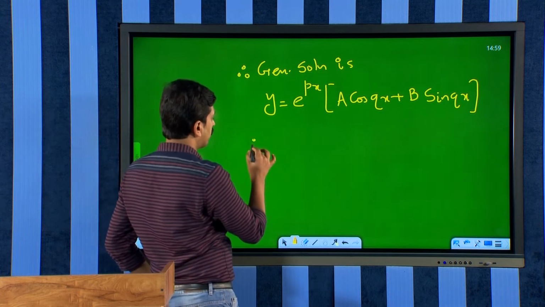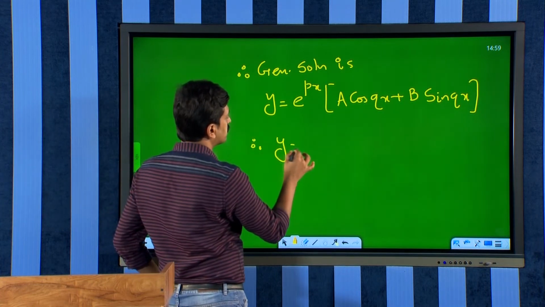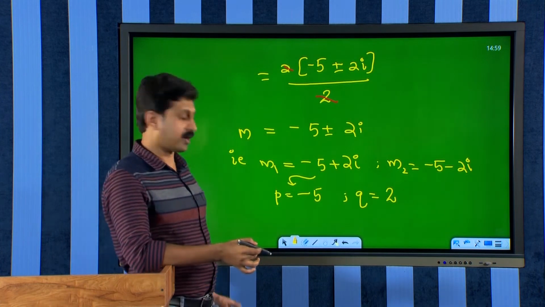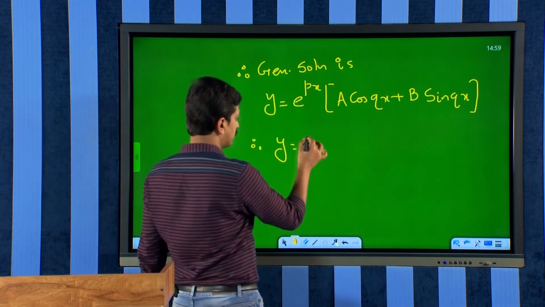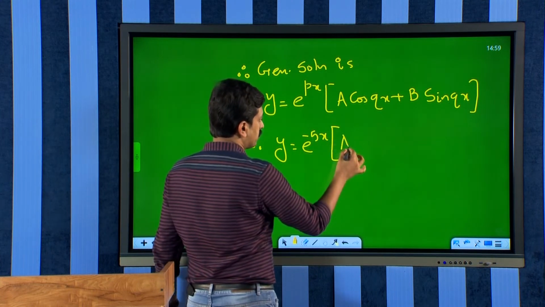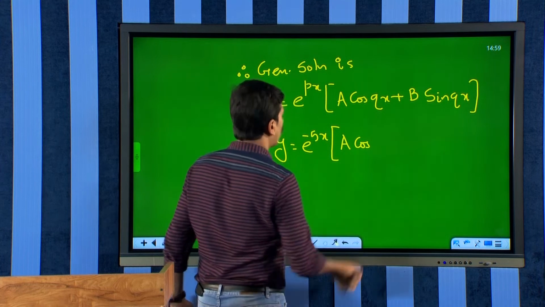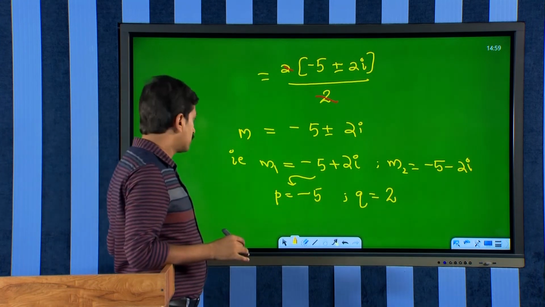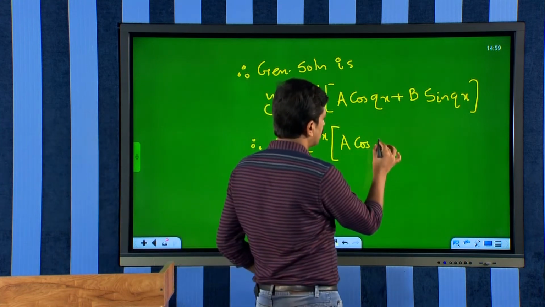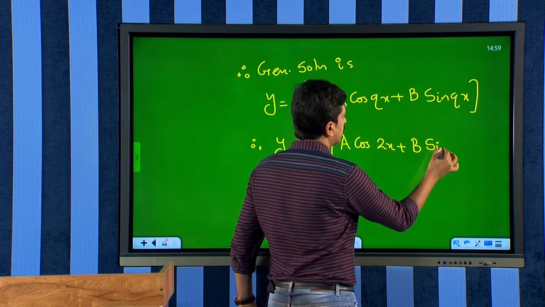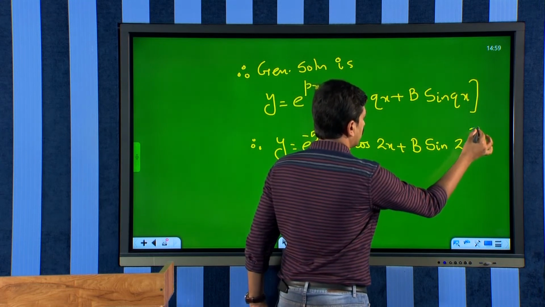Therefore, the general solution is y is equal to e raised to minus 5x into a cos 2x plus b sin 2x.